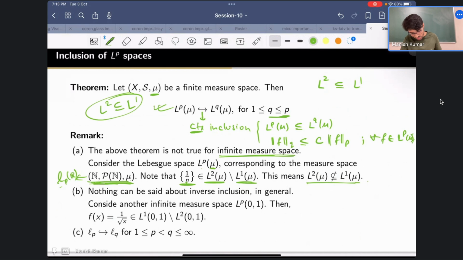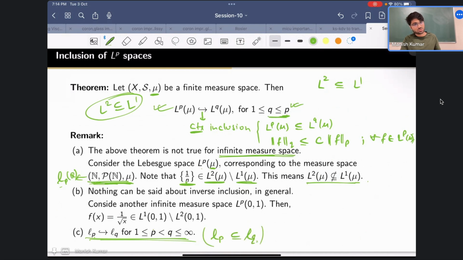Here we have seen the other way around: if p is larger than q, then L^p is a subset of L^q. But here the reverse is true: if p is smaller than q, then L^p is contained in L^q.